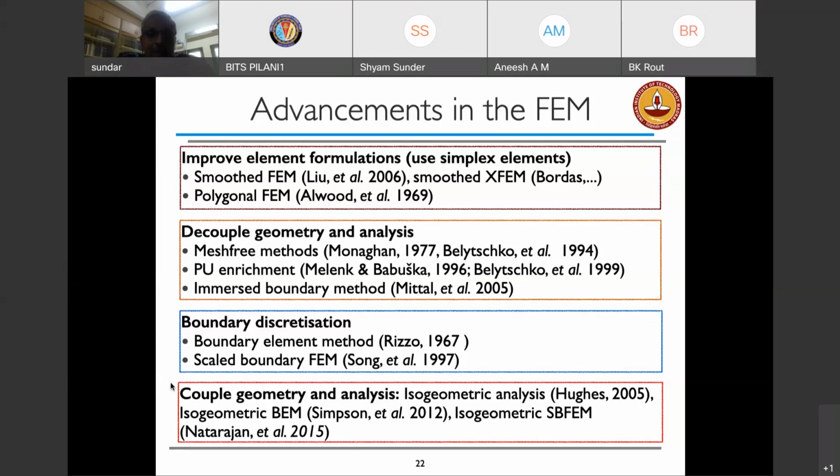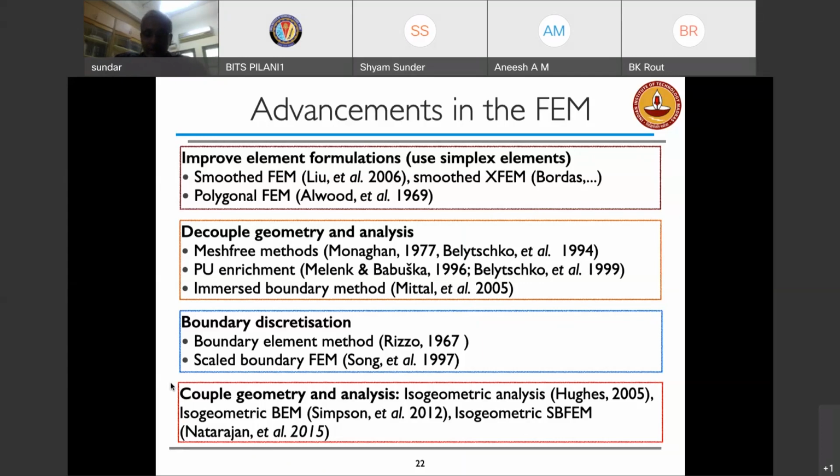For example, if I use a moving least square approximant within the Galerkin framework, what we end up getting is a mesh-free method. And if I use, let's say, non-uniform rational B-splines as an approximating function, I end up with what is called isogeometric analysis.